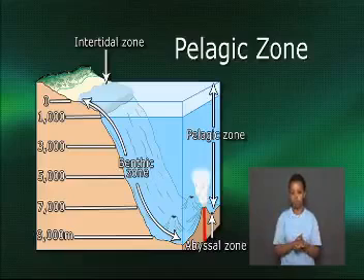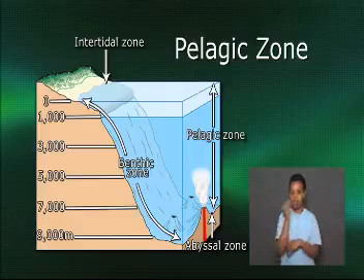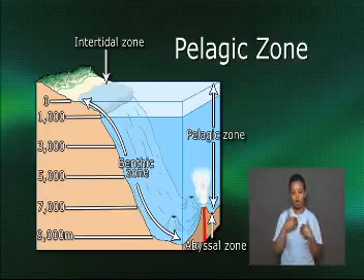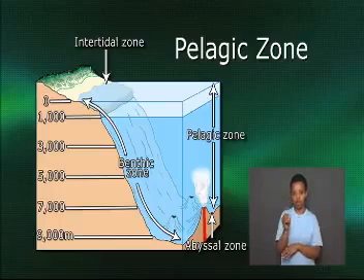The flora in the pelagic zone includes surface seaweeds and plankton. The fauna include many different species of fish and some mammals, such as whales or dolphins. Many organisms in this area feed on plankton.